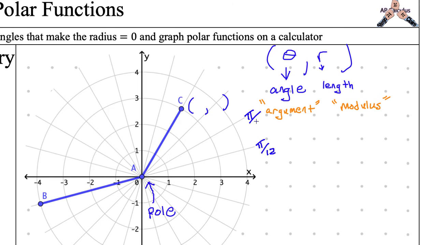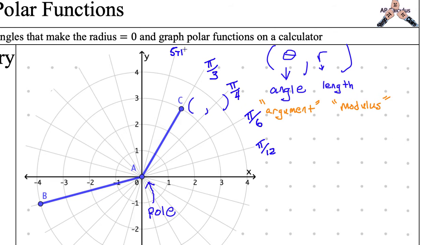Each of these is pi over 12. So another pi over 12 and pi over 12 is pi over 6. So 3 pi over 12 is pi over 4. I'm just adding on another pi over 12. So this is going to be pi over 3. And then this is finally going to be, I guess, 5 pi over 12.